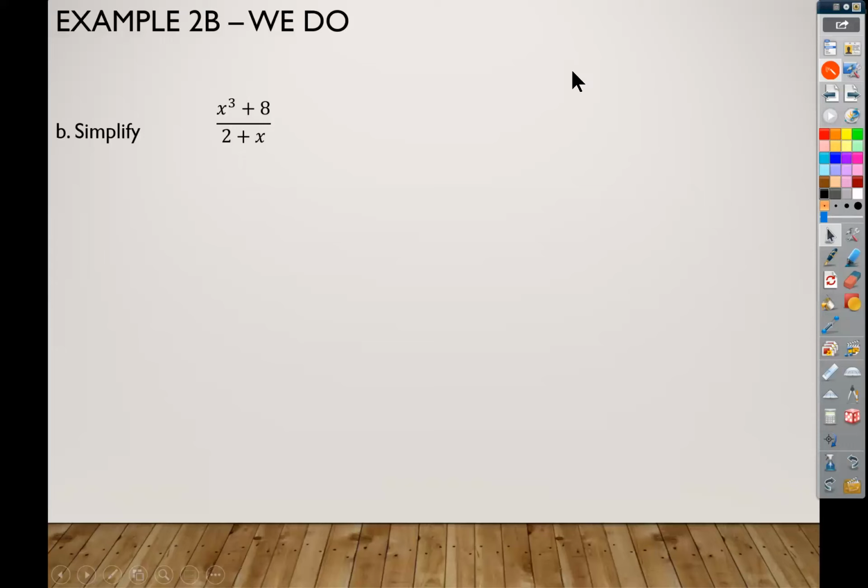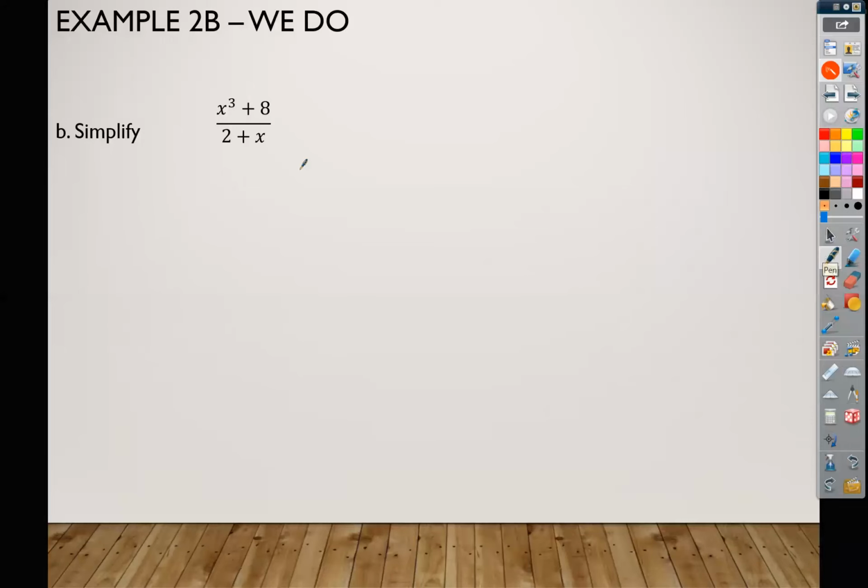3B, we have simplify x cubed plus 8 over 2 plus x. So to factor this, remember this is a sum of cubes. So I'm going to take the cube root of x cubed, the cube root of 8, and then in the second parentheses you do the x squared, and then the 2 squared, and then you multiply them together and change the sign.